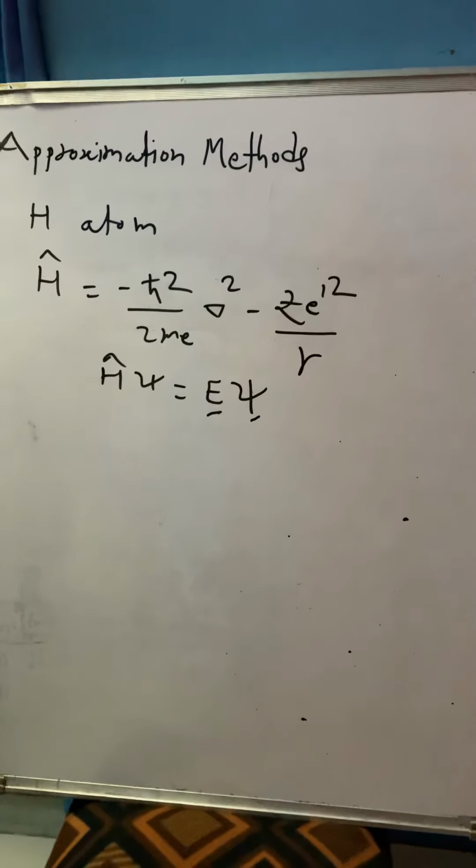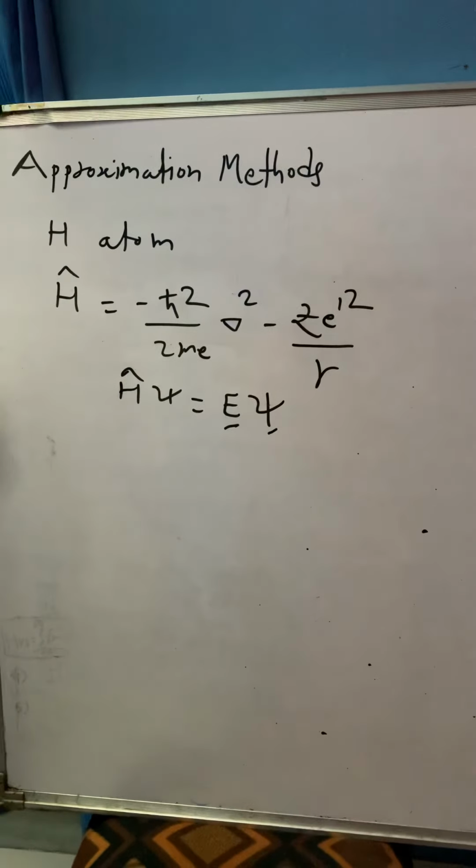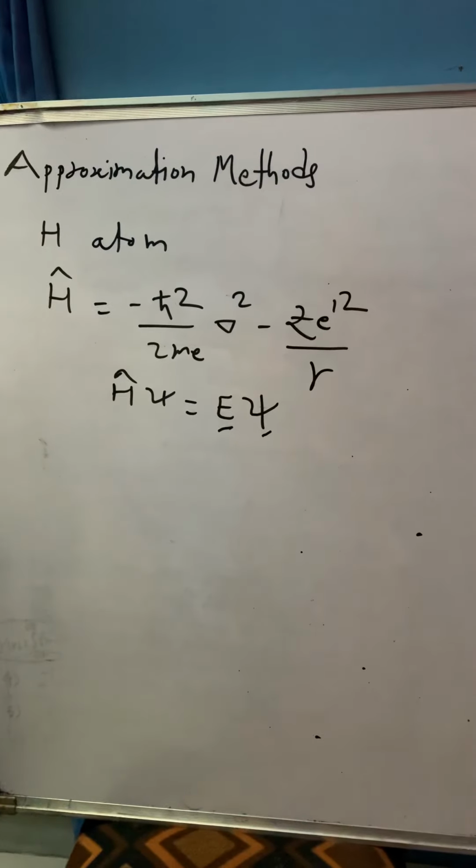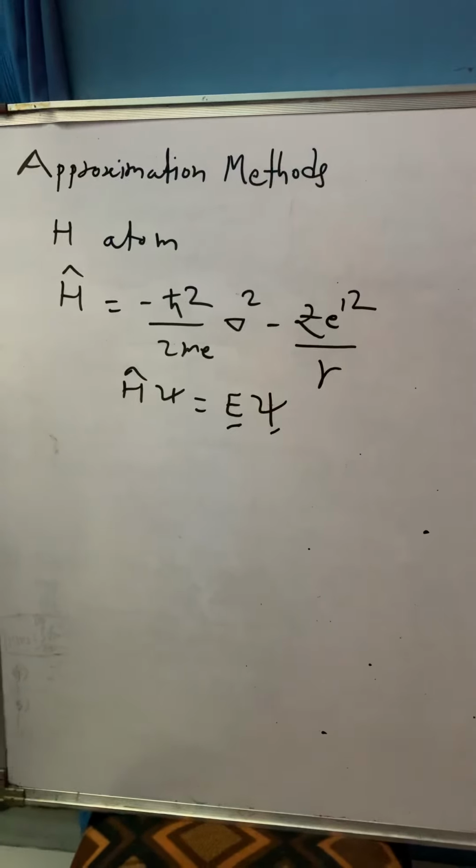But if we are having more than one electron system, at that time our Hamiltonian will become more complicated.